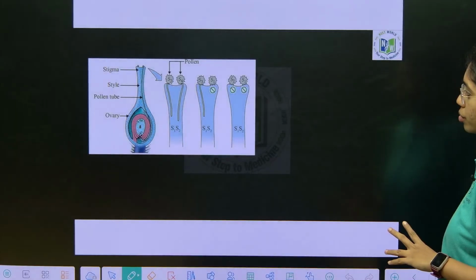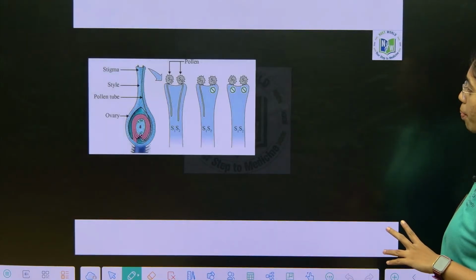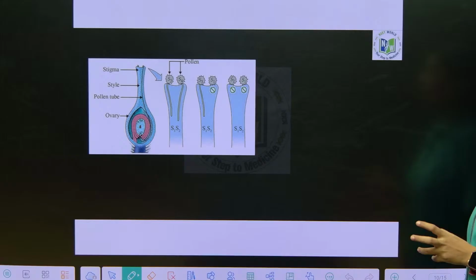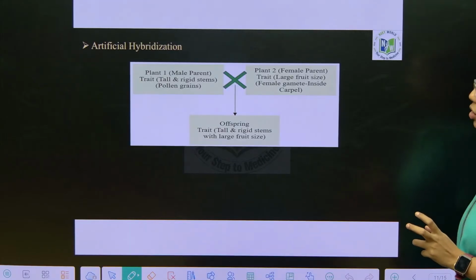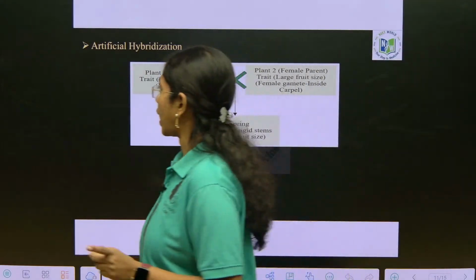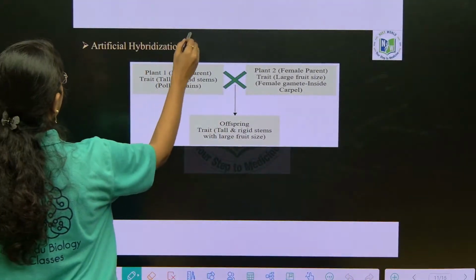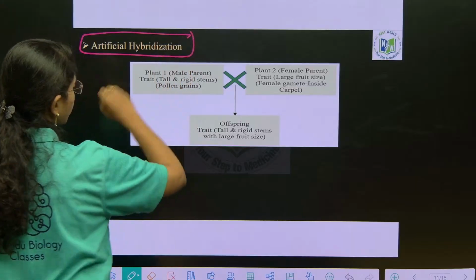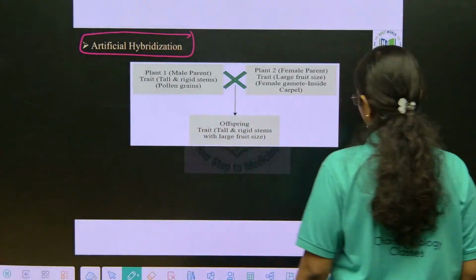Next. Now, we will see about pollen pistil interaction, but first we will see artificial hybridization, and then we will move on to pollen pistil interaction. First you see, artificial hybridization. What is artificial hybridization?